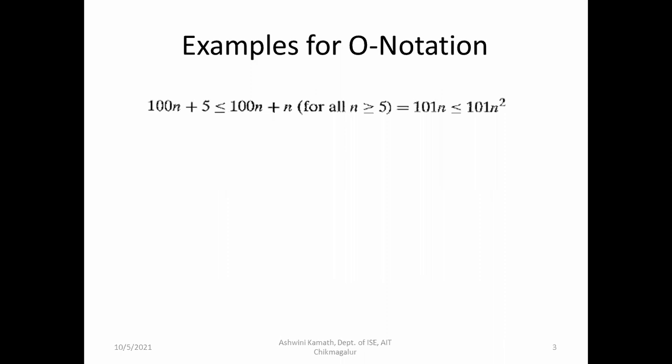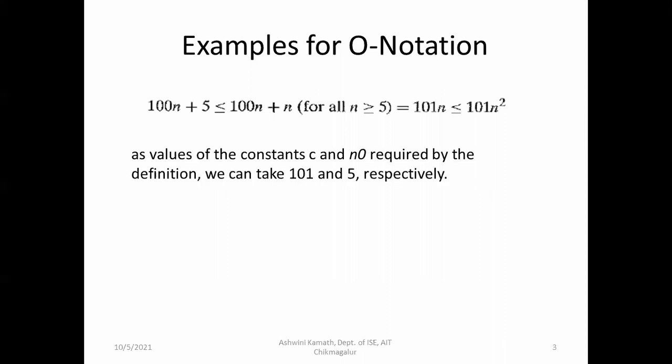As values of the constants c and n naught required by the definition, we can take 101 and 5 respectively. On the left hand side we have n, on the right hand side we have n square. So 101n is less than or equal to 101 n square.